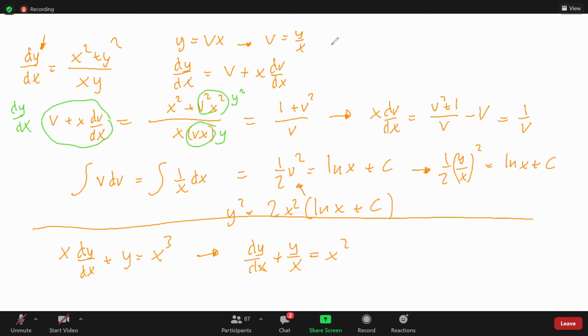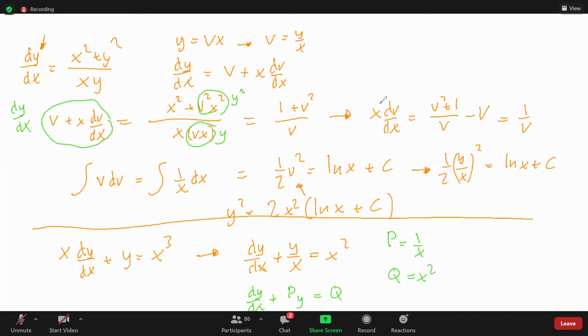So you can see that it now has the shape of a differential equation of the first order, which is dy in dx plus p y is equal to q, where in our case we will have that p is equal to 1 over x and q is equal to x squared.